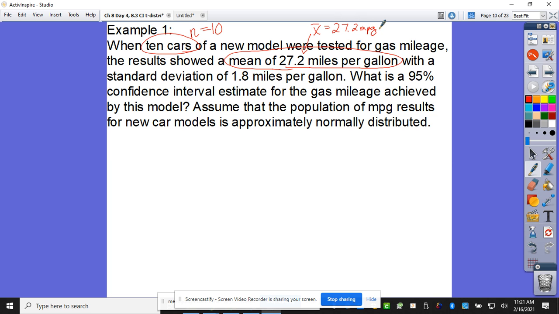I'm gonna go ahead and just keep my units with it. I've got a standard deviation. Well, technically it can give me sigma or it can give me S. How do I know which one that is? It's still talking about this group of 10 up here. So that's the easier way to do it, is find your sample size and which things pertain to your sample. Well, this one still talks about the sample itself, so that's which one.